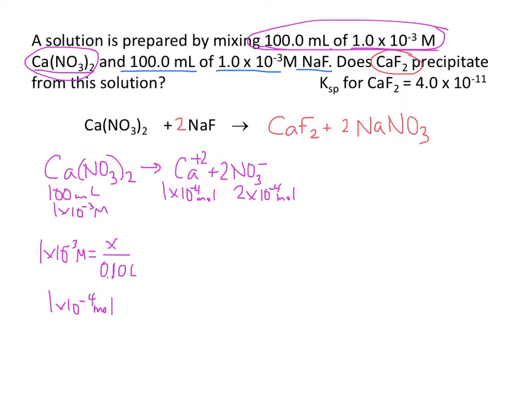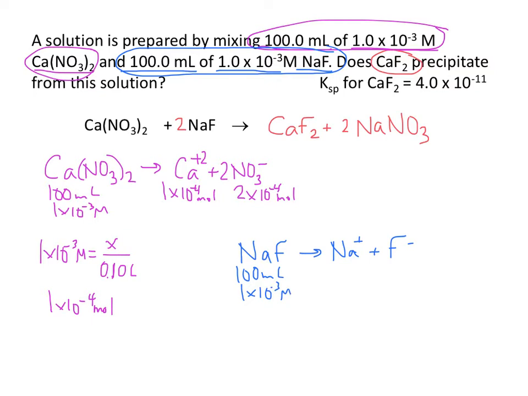So let's look at the beaker on the right, the sodium fluoride beaker. We've got the same volume and the same molarity, so a lot of this math is going to look very similar. But this time we have NaF. That's going to break apart into Na plus and F minus. There's 100 milliliters of 1 times 10 to the negative third molar.